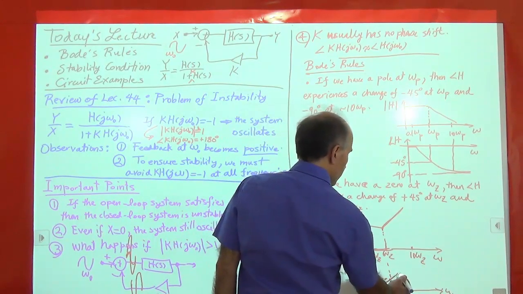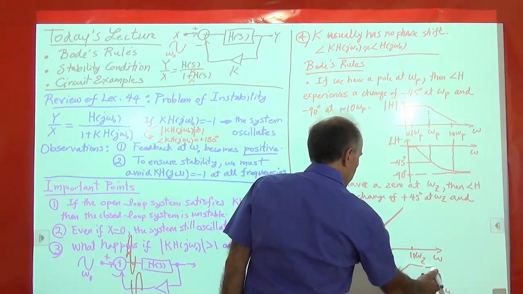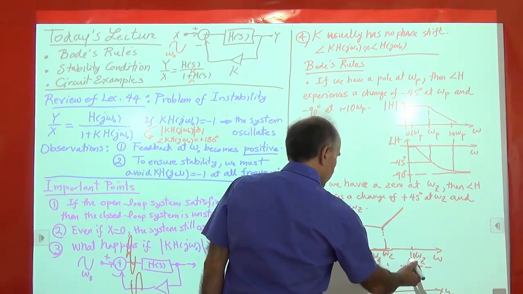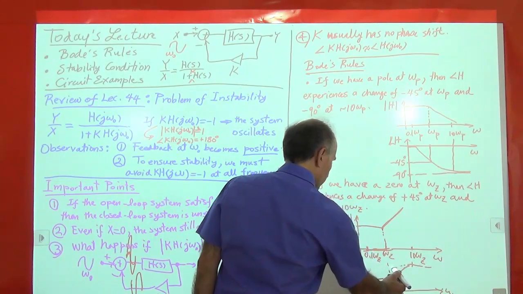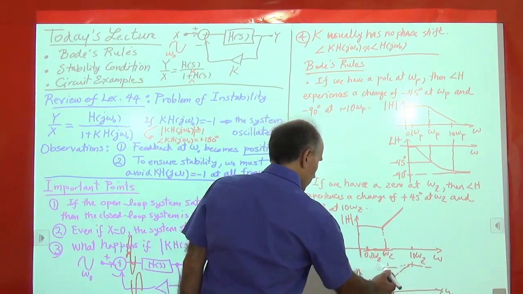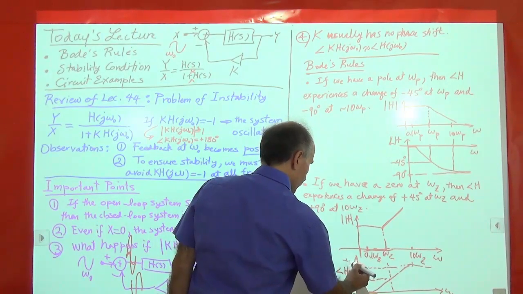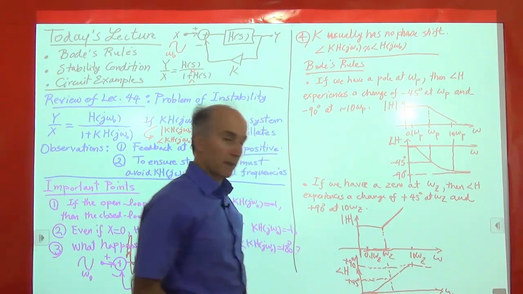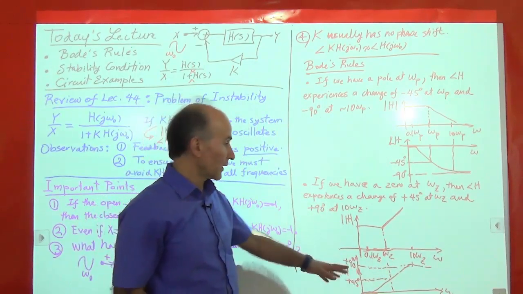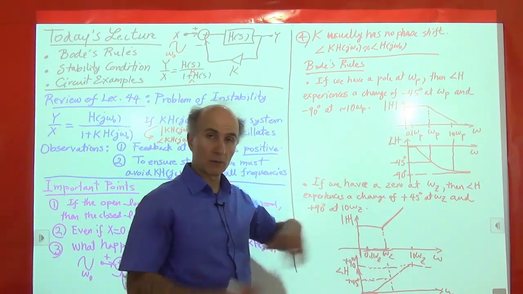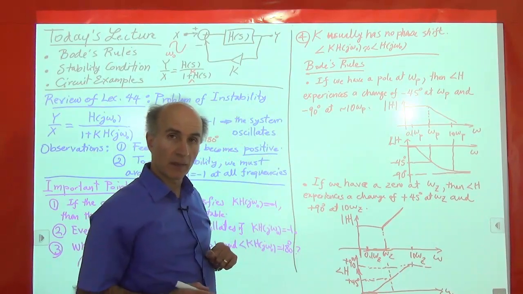And it reaches approximately plus 90 degrees at 10 times the zero frequency. So this would be up here, go like this, plus 90 degrees. It's a little messy, but you get the message, right? So we just have to remember these two sets of rules, and it's very easy to deal with any situation.